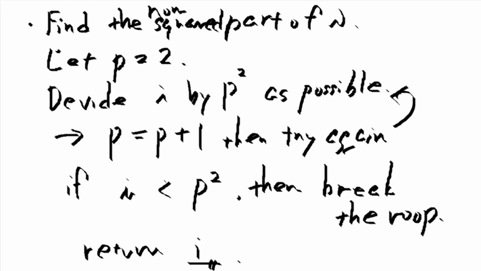So finally, let's check the time complexity. Since we fix i, and i ranges from 1 to n, and n is at most 10 to the 5th, we have 10 to the 5th.